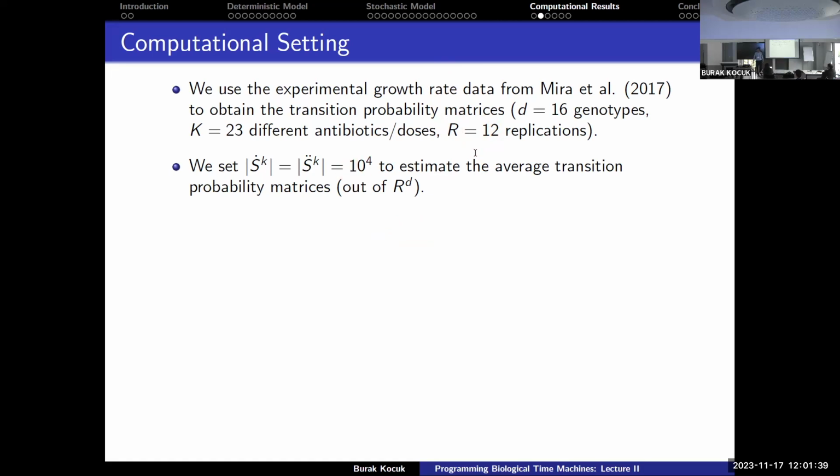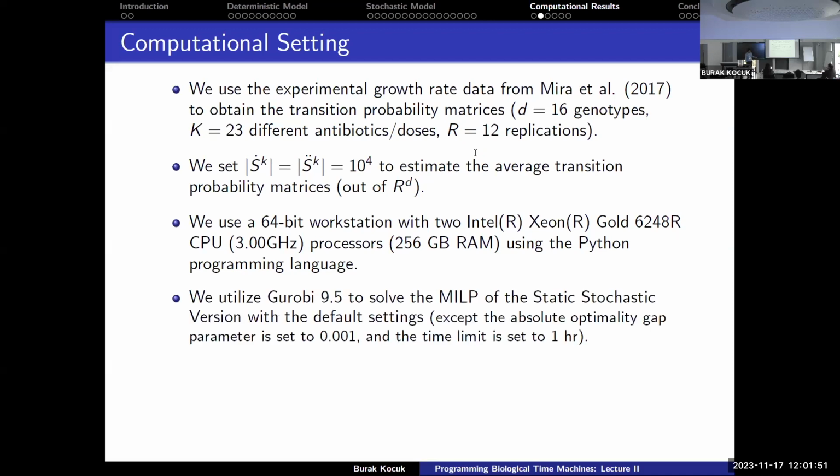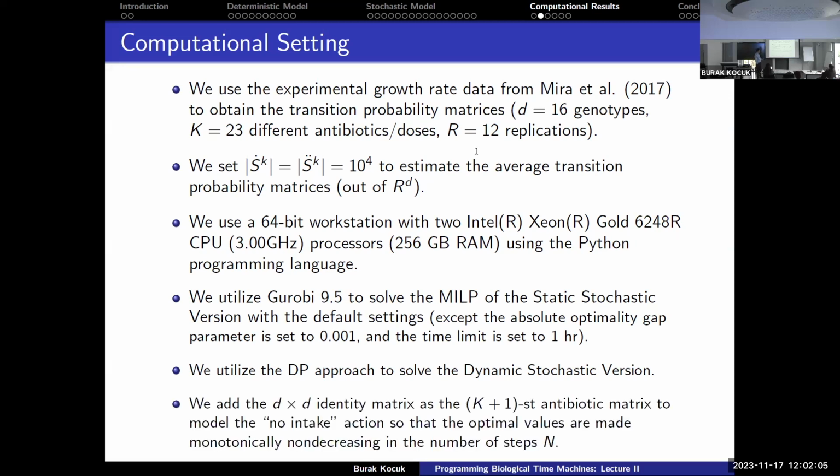Just 10,000. And then we use this computer for experiments. We use a different version of probabilities, more recent. And we solve the DP for the dynamic stochastic version. We use MILP for the static version.